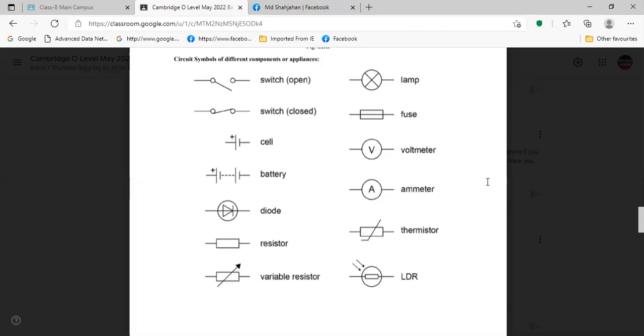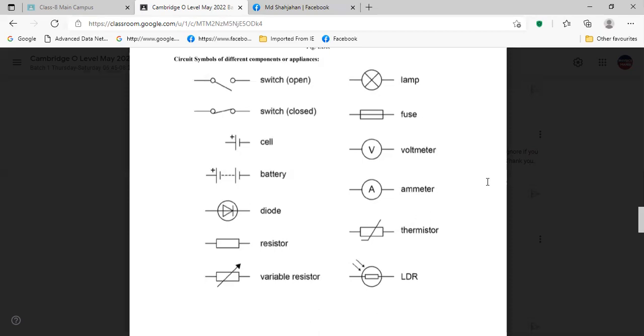Even for the same lamp, we have variation of drawing style, right? That's why we use a common circuit symbol to make our communication and presentation more easier, effective, and comfortable to each other. Is it clear why we use the circuit symbol?